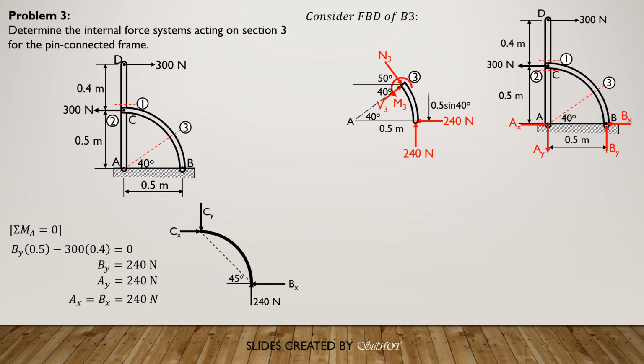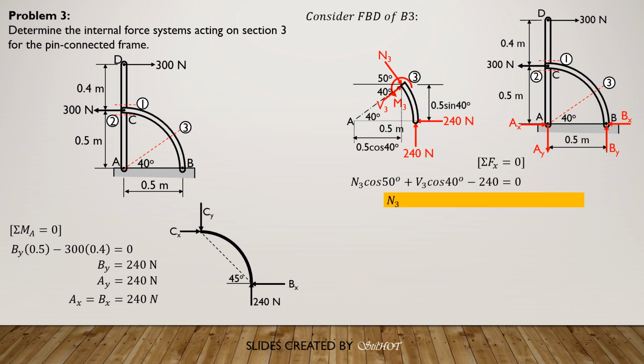So summation of forces along x: this is 0.5 sine 40, the horizontal distance from A to section 3 is 0.5 cosine 40. Summation of forces x equals 0, so N3 cosine 50 plus V3 cosine 40 minus 240 equals 0. Simplifying, N3 cosine 50 plus V3 cosine 40 equals 240. Let's call that equation 1. Summation of forces y equals 0.